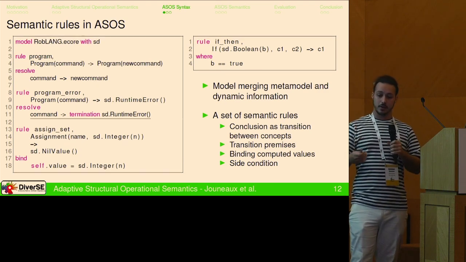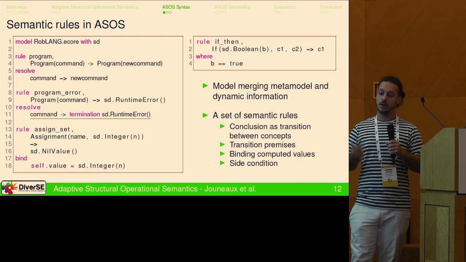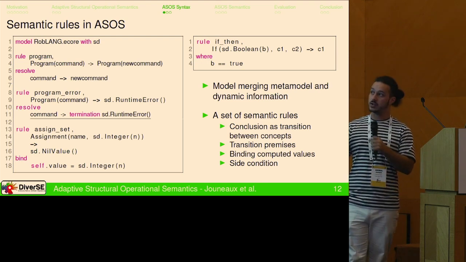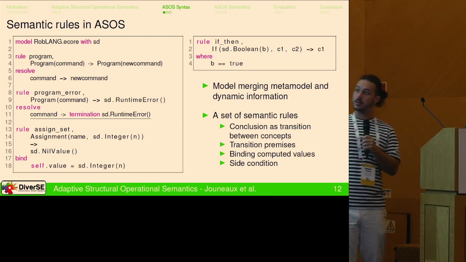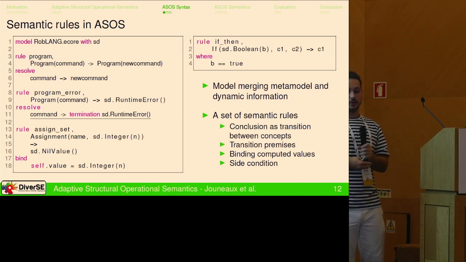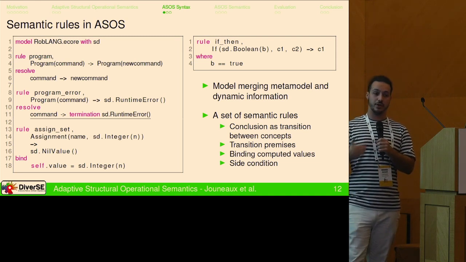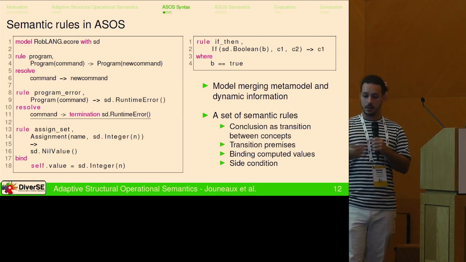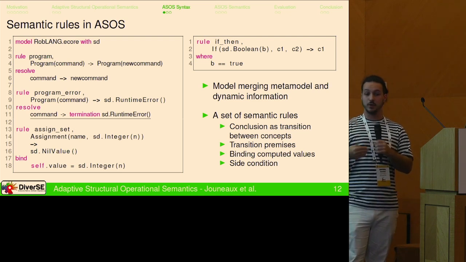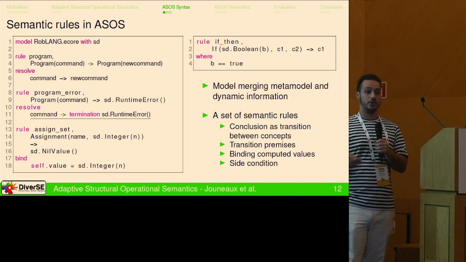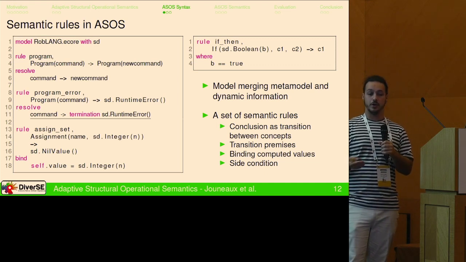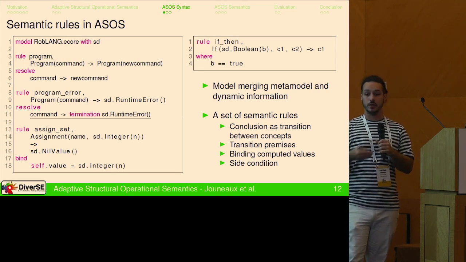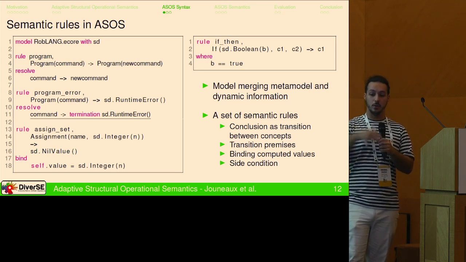We have two kinds of transition premise. The first one is the classic one, and we also have a termination premise. The termination keyword is to deal with abrupt termination in the semantics. For example, if you want to implement a break, a return, or exceptions, you want to stop the execution of the current control flow and just fall back to some rules.